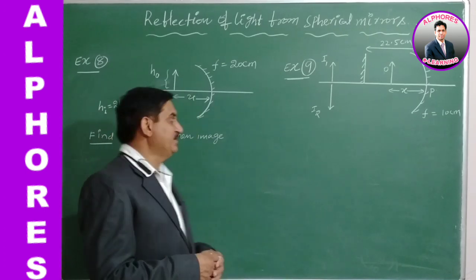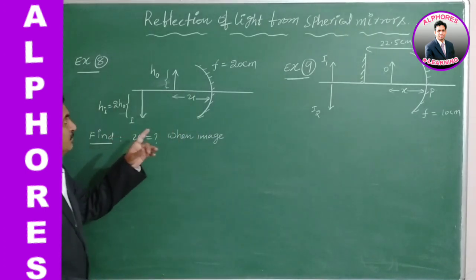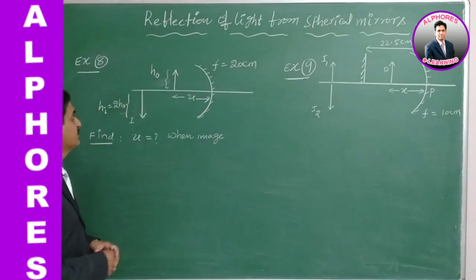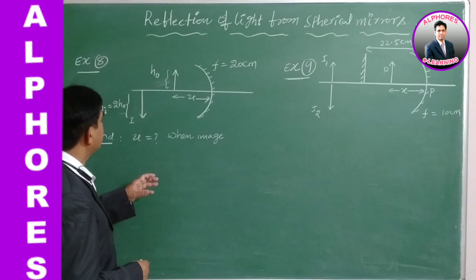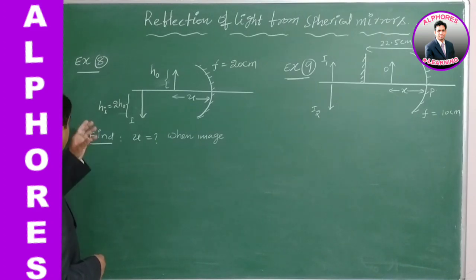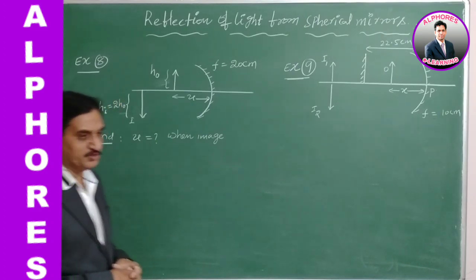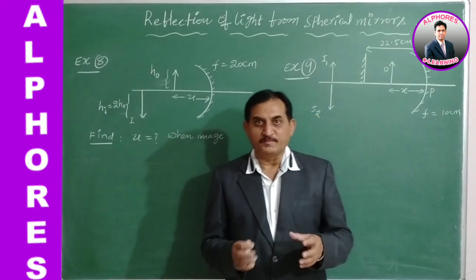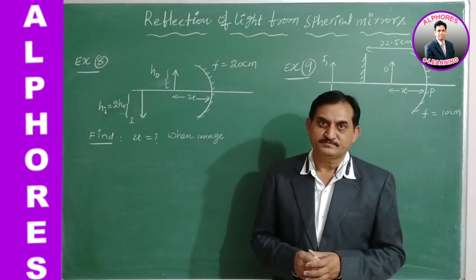Here the next problem is: there is a concave mirror whose focal length is 20 centimeters, and an object is kept somewhere and its corresponding image is formed whose size is double the size of the object. Then what will be the distance of the object?